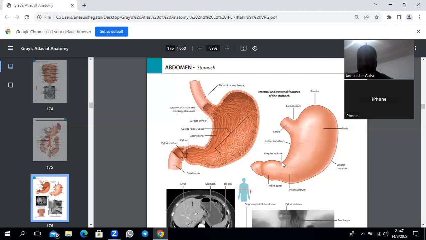This angle here. That's where the body ends. So lesser curvature ends at the incisura angularis there, but this body extends all the way to that angle, such that beyond the angle, all of this is now called pylorus. Remember I said the stomach is a cardia, a fundus, a body, and a pylorus.